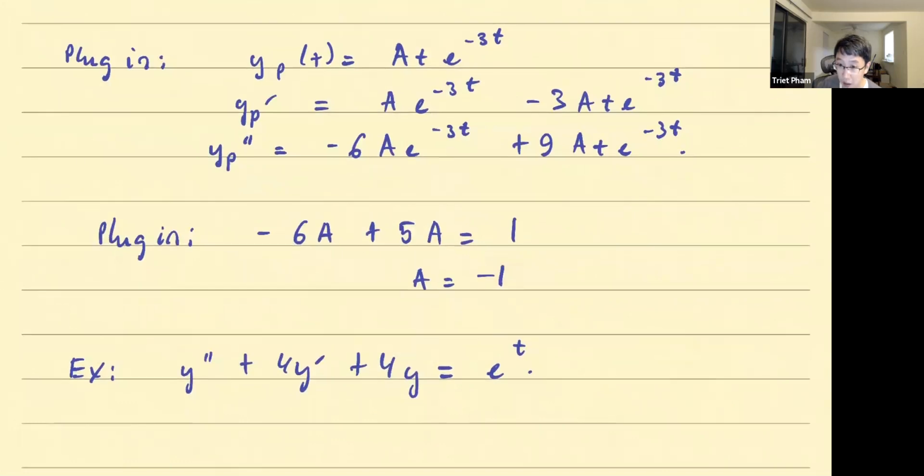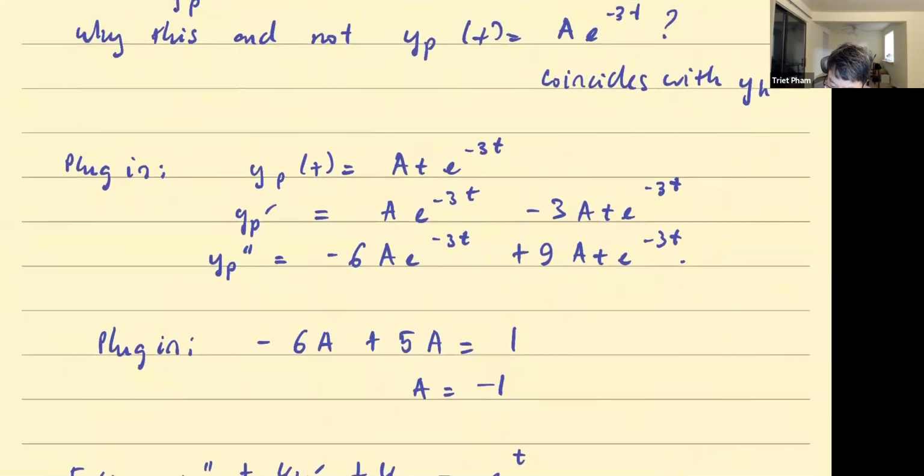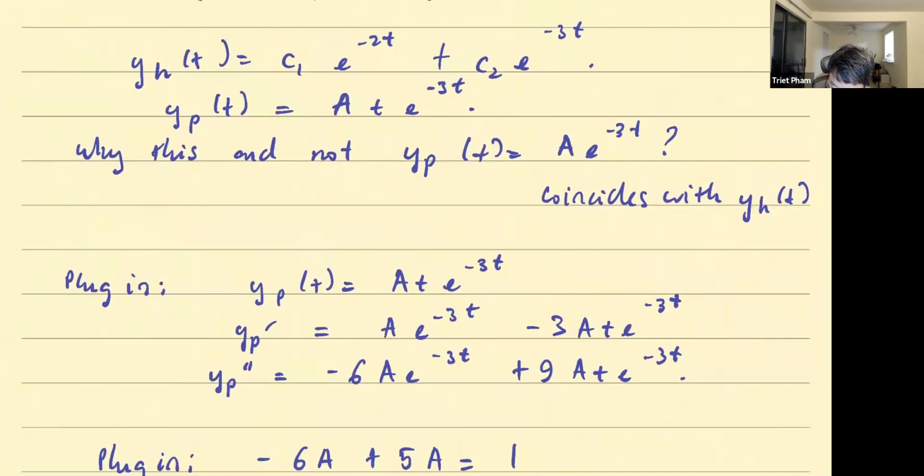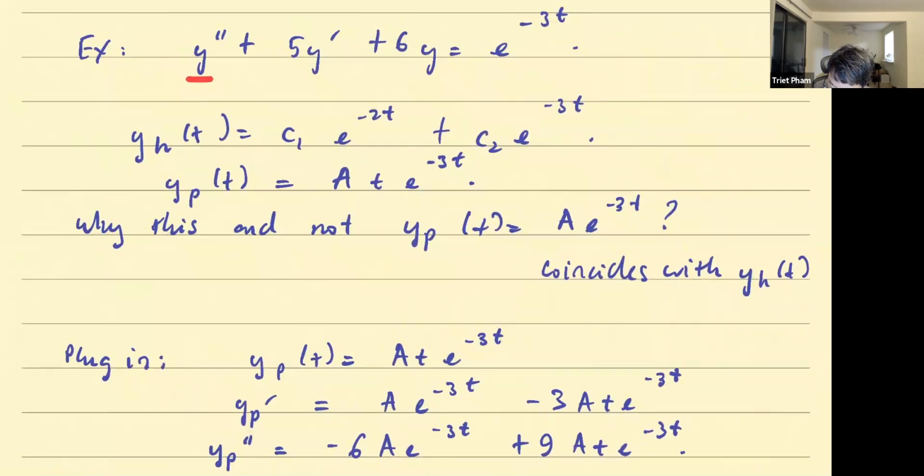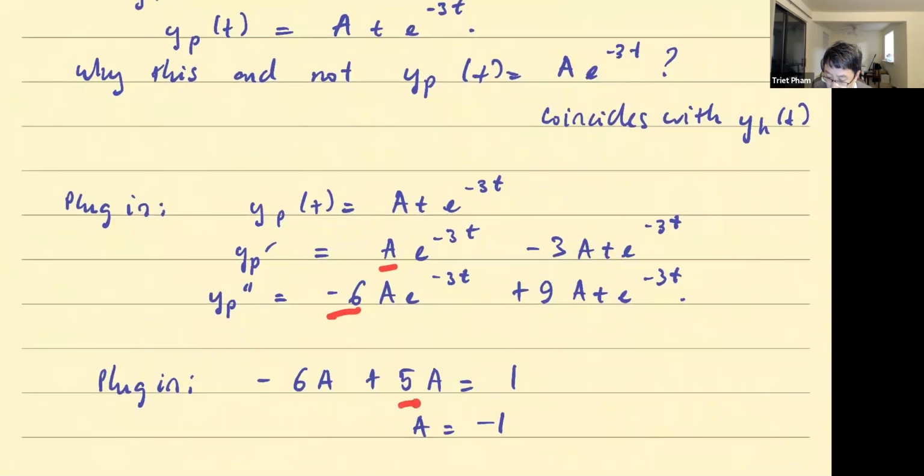Okay, so let's do this question. So the second derivative is minus 6, but the first derivative is 5. So you got minus 6 plus 5.